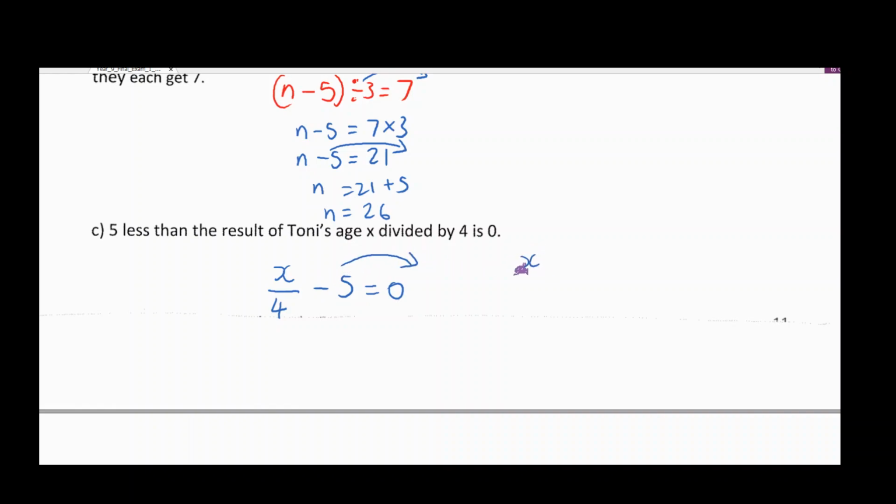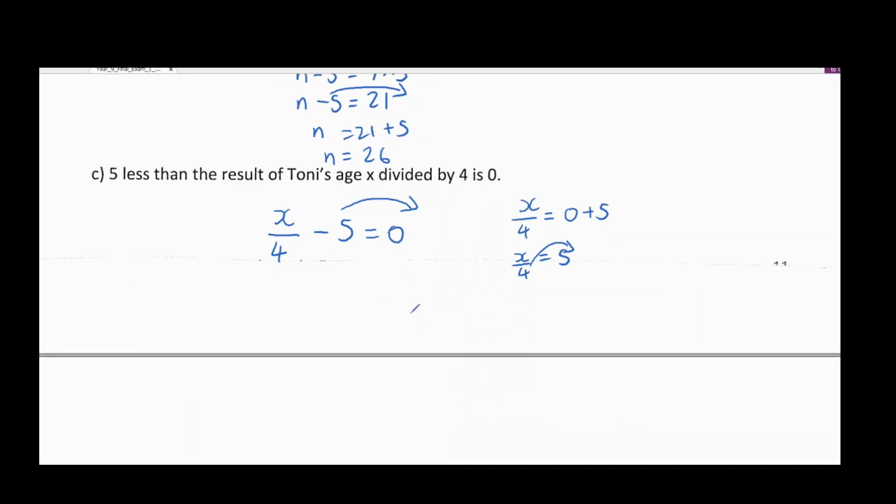I'm going to have x over 4 equals 0 plus 5. That means x over 4 equals 5. Then this divide by 4 goes to the other side, it becomes times. So that's going to be x equals 4 times 5, x equals 20.